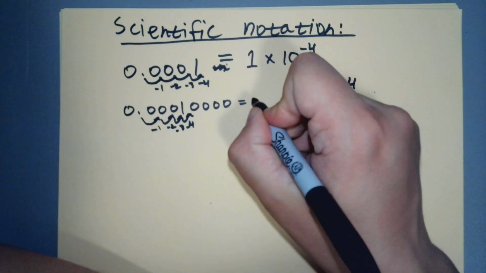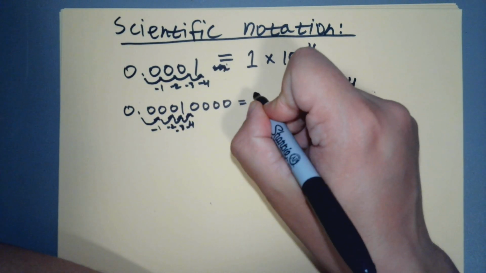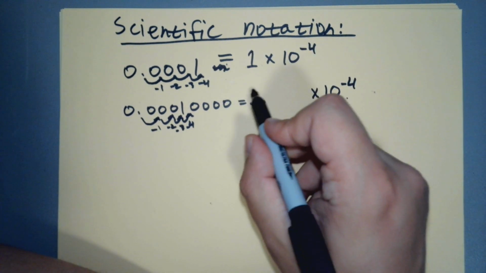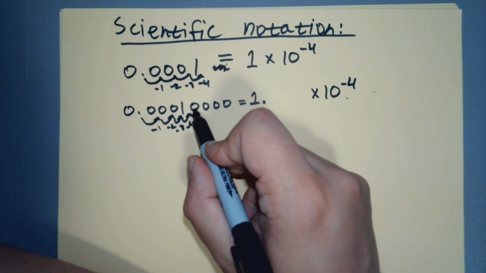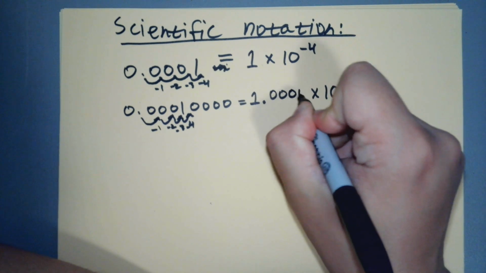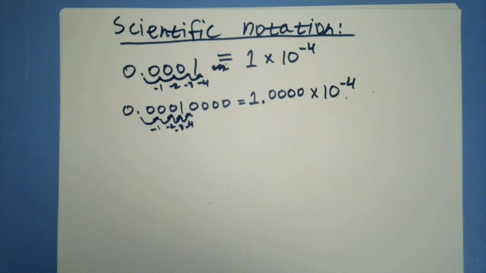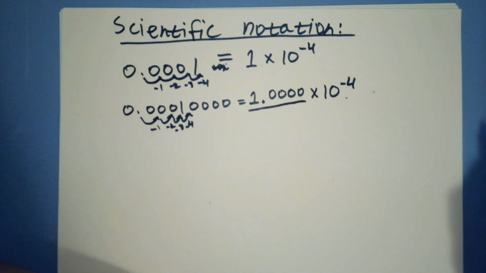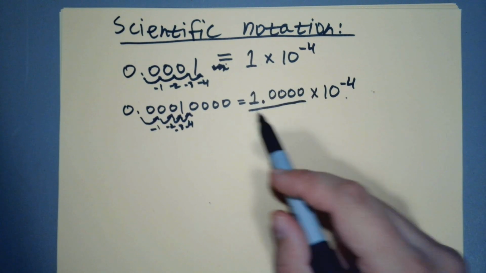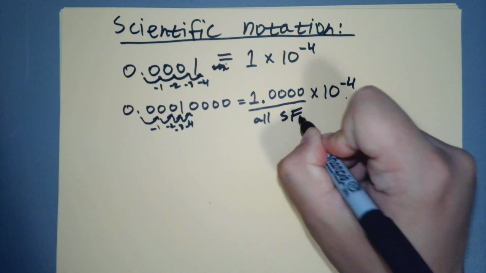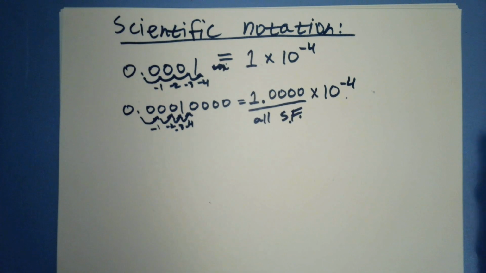So I write all of my significant digits, so I get 1 and then a decimal point, because this 1 is going to go in the ones place, and I'm going to have 1, 2, 3, 4 zeros after it because they are all significant. So the cool thing about scientific notation is every digit you see in this first number is significant.